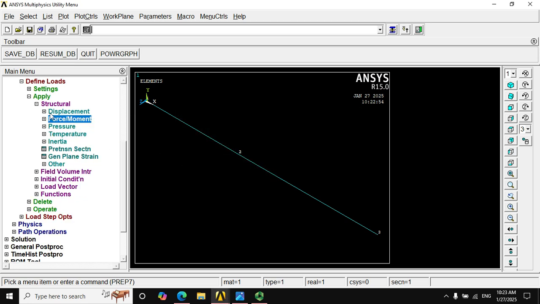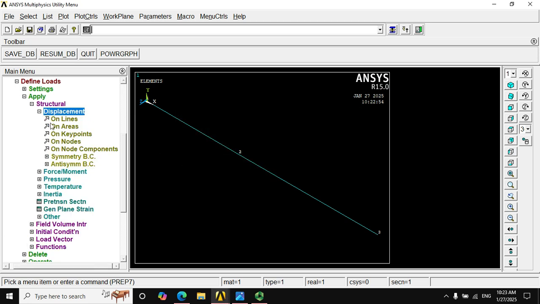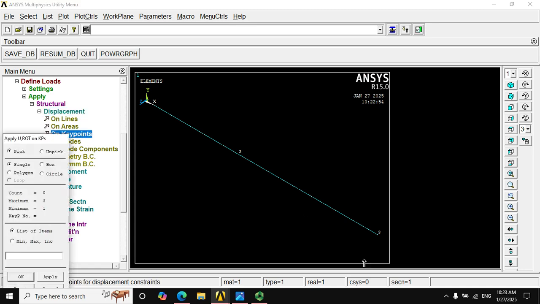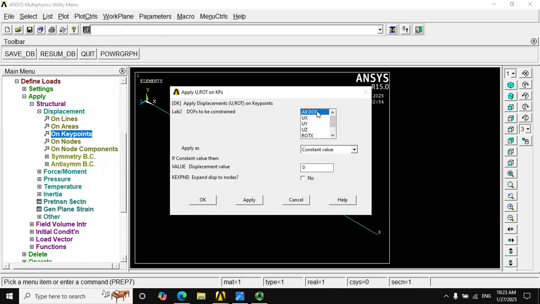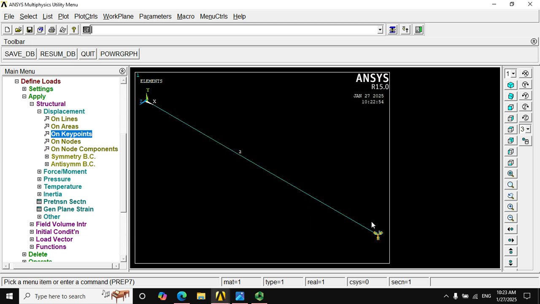For fixing the support, you have to come under displacement. Alright, so come to key point 3. We're gonna fix that, all degrees of freedom 0. So that makes it a cantilever beam.